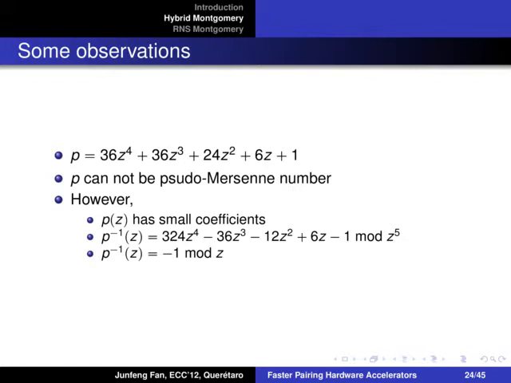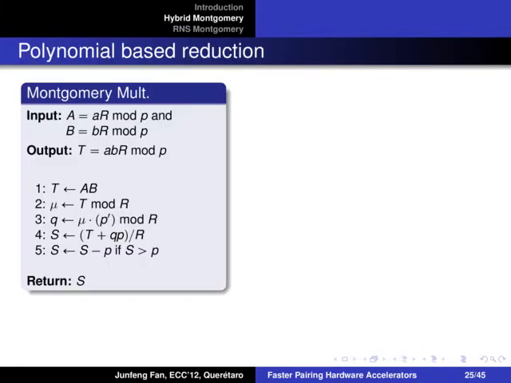However, P of Z has small coefficients. So compared to the value of Z that you would choose, the coefficient is very small. And also the inverse of P of Z, modulo Z to the power 5, also has small coefficients, and it also has integer coefficients.